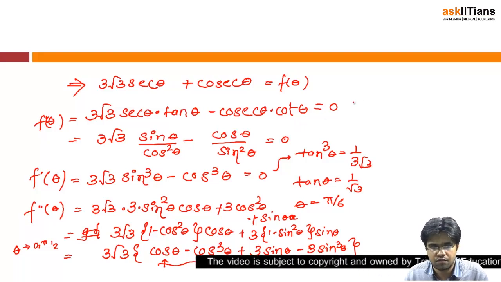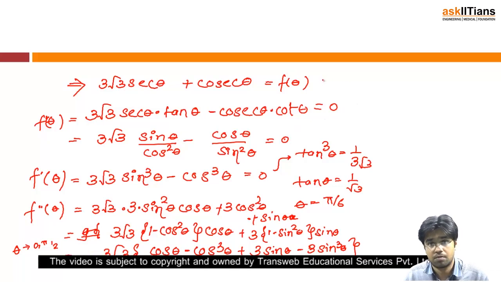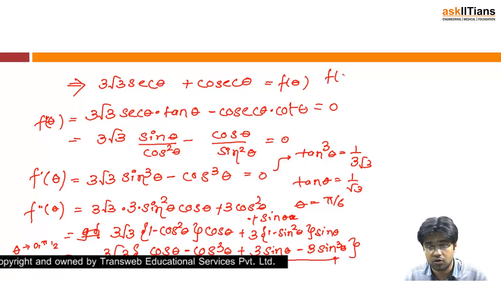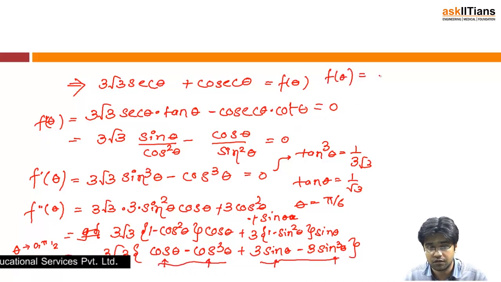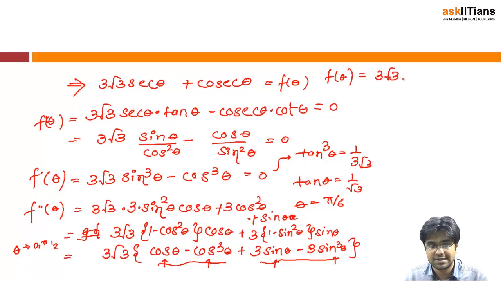So now we can put the value. Remember, we need to put the value in f of theta because that is the intercept. So f of theta will become 3 root 3 sec pi by 6, that means cos pi by 6 multiplied by root 2, plus cosec pi by 6, that is again root 2.